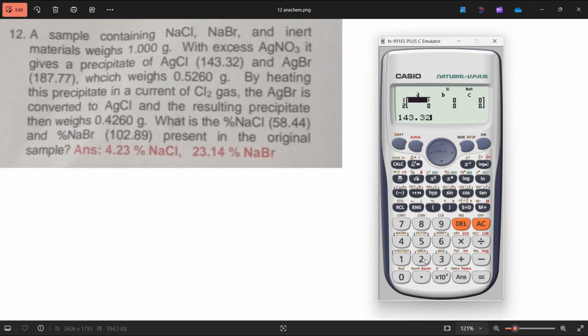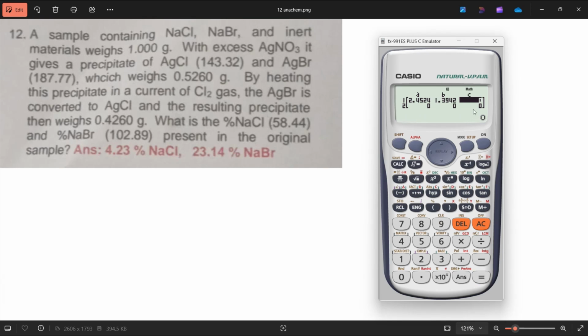So 143.32 divided by the molar mass of NaCl, which is 58.44. Then we press equals, and then for NaBr, which is AgBr over NaBr, so 143.32, oops, divided by the molar mass of NaBr, which is 102.79.